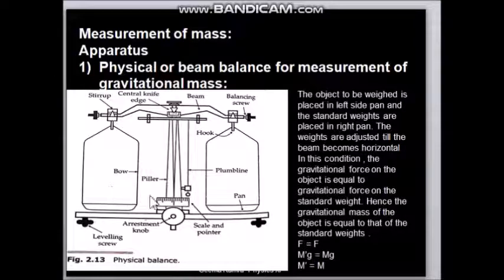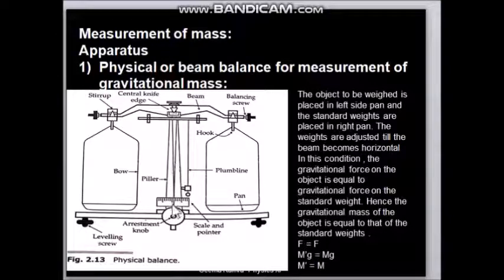So along with this apparatus, we are provided a box of standard weights also on which the values are printed. So we start with any weight. Suppose we start with 10 gram and after that we see the pointer's deflection and we keep on removing or placing weights till the time this pointer doesn't come to 0.